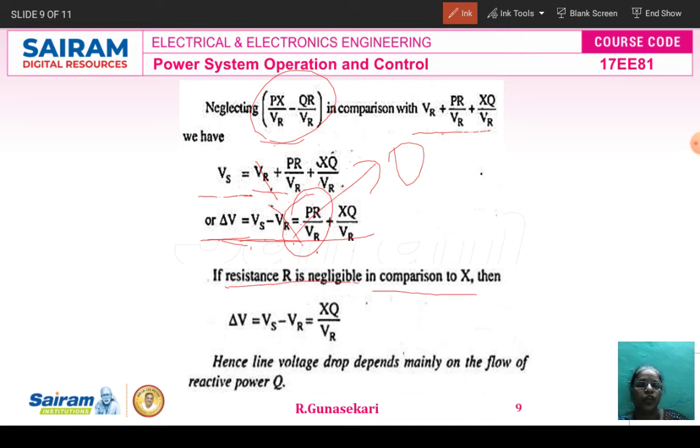The line voltage drop depends on the flow of the reactive power. You see, delta V is proportional to the reactive power Q. That's why I am telling you the line voltage drop depends mainly on the flow of the reactive power. This is the voltage dependence on the reactive power.